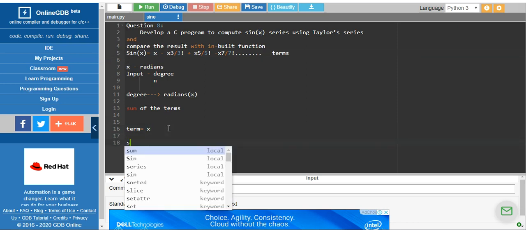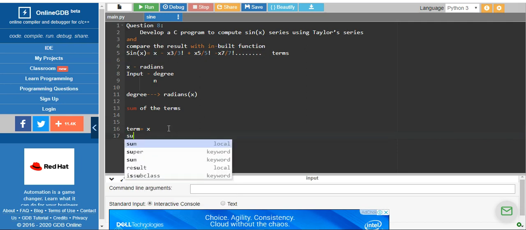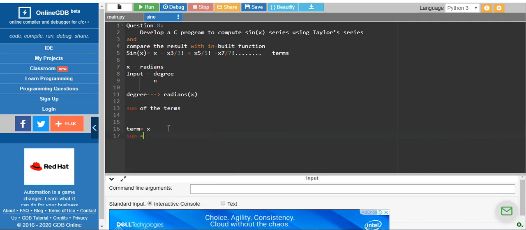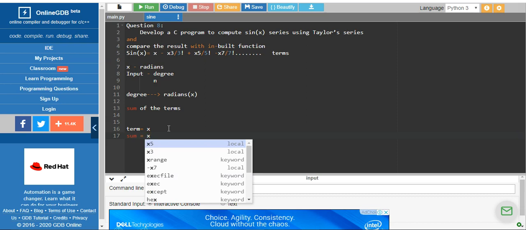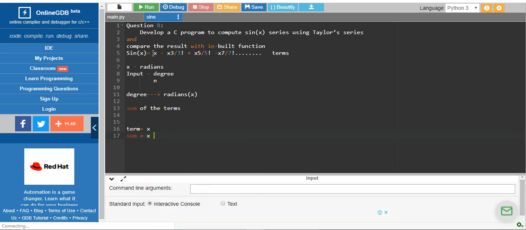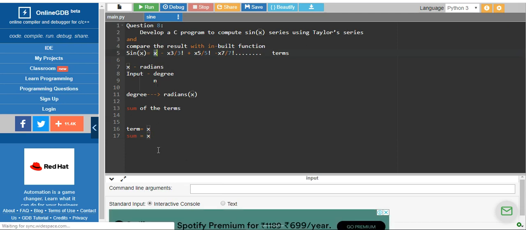To make my for loop easier, instead of initializing the sum value to 0, I will initialize the sum value with the first term, that is, term is equal to x.